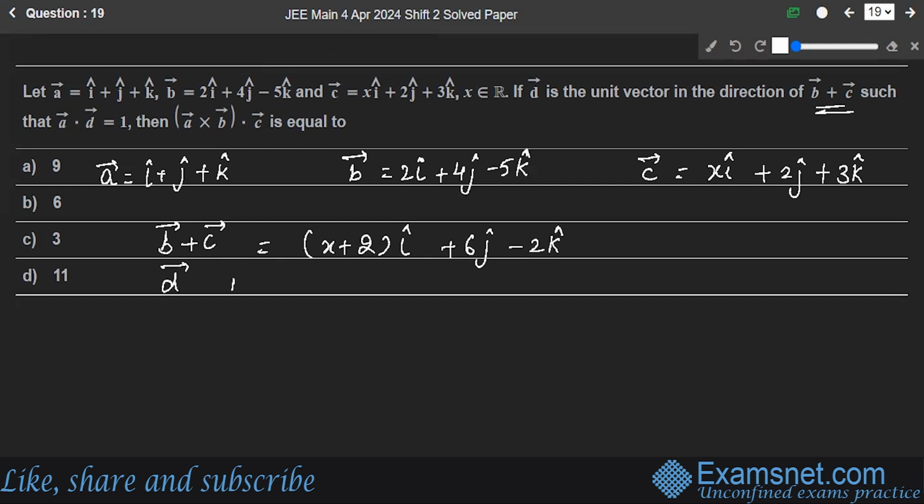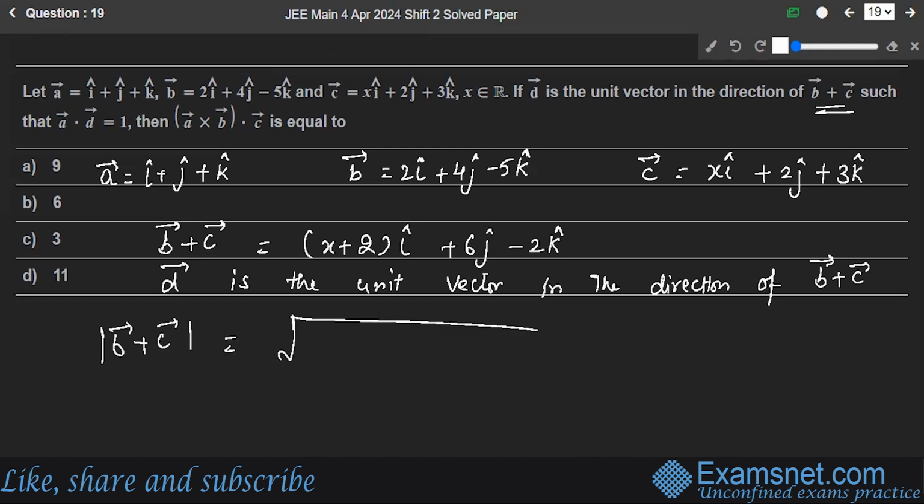Now you are given that D is the unit vector in the direction of B plus C vector, in the direction of this vector. So let's find first the magnitude of it.